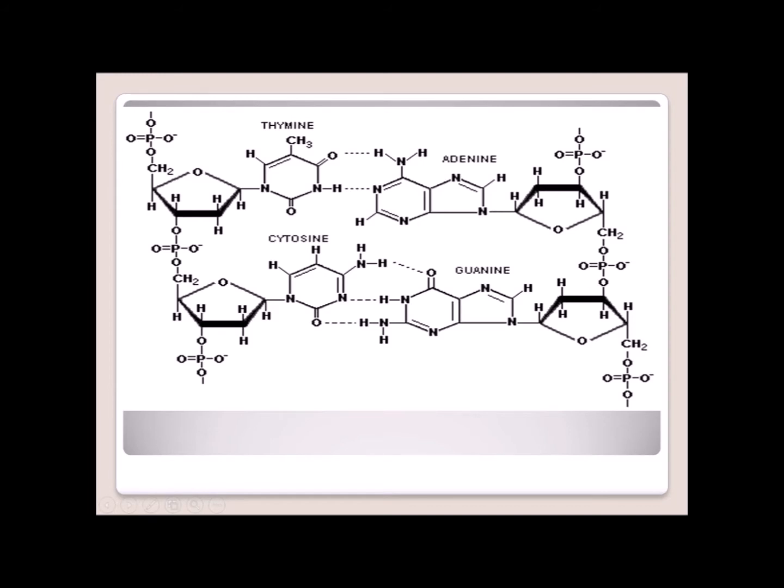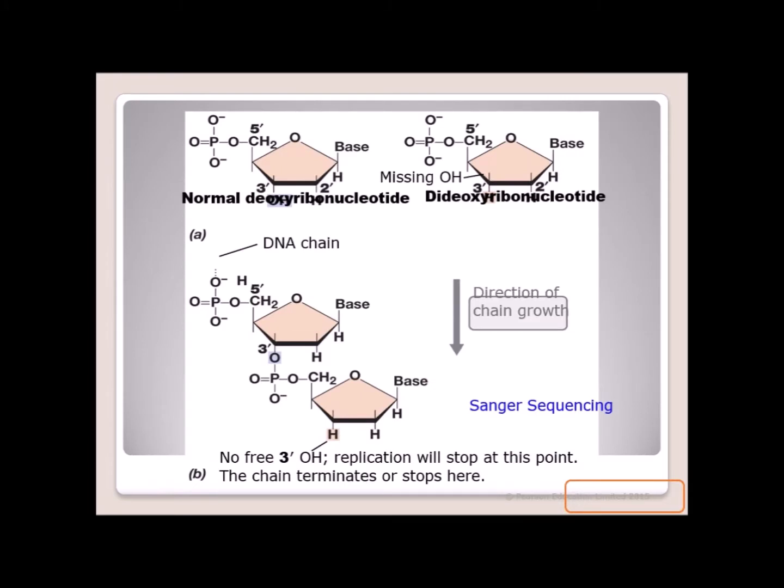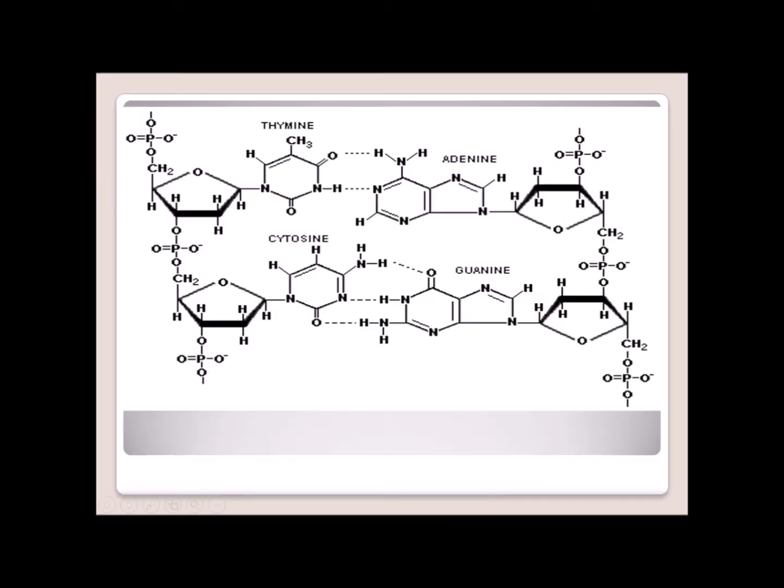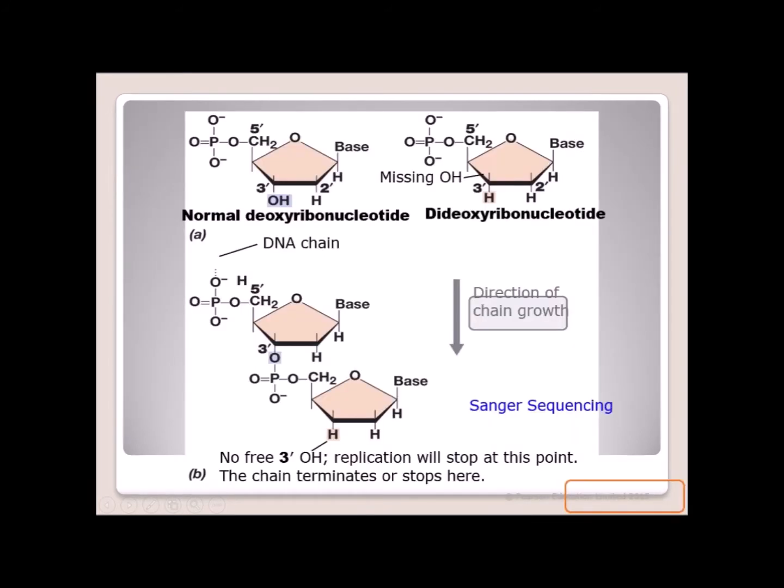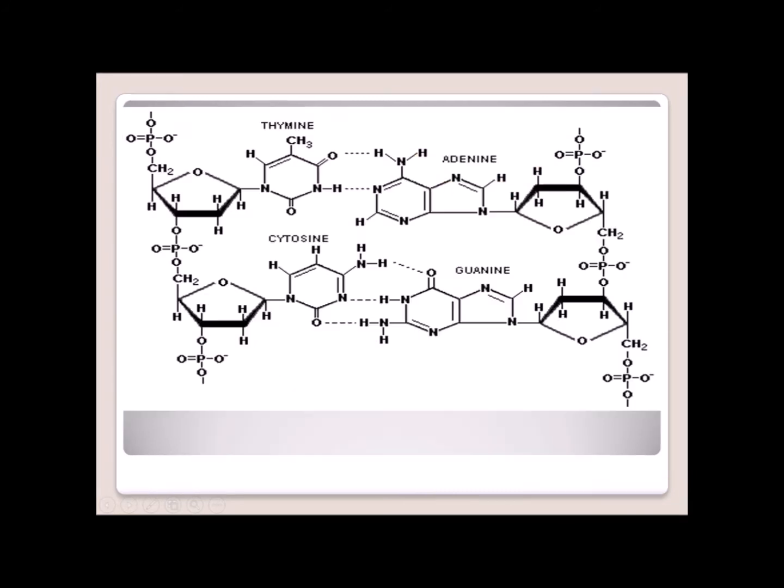Now, when you have thymine, adenine, cytosine, and guanine, as you can see illustrated here, in a nucleotide molecule, the third end has a phosphate group in the thymine. The same thing in adenine.